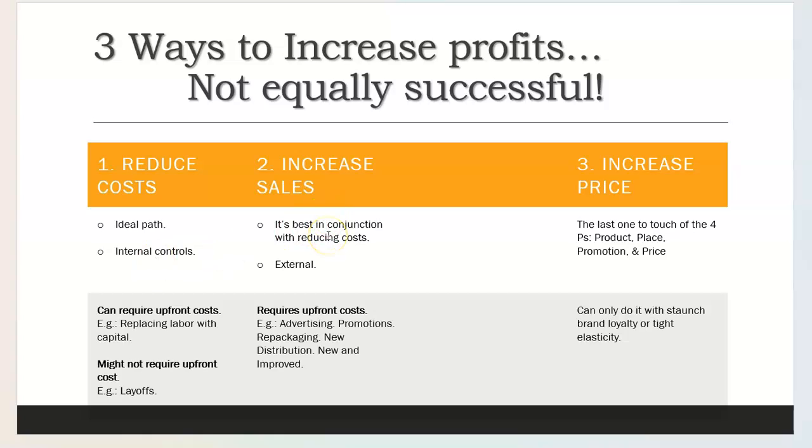With increasing sales, you definitely are coming up with upfront costs, and the outcome is less guaranteed. It's external versus internal, but those are predominantly the mechanisms. Now, if you are a company who can reduce costs, increase sales, and increase the price, my God, are you golden? But that's not going to be a very common thing.